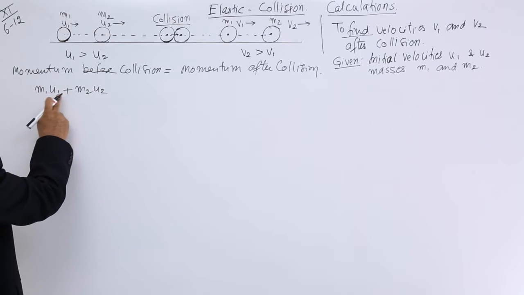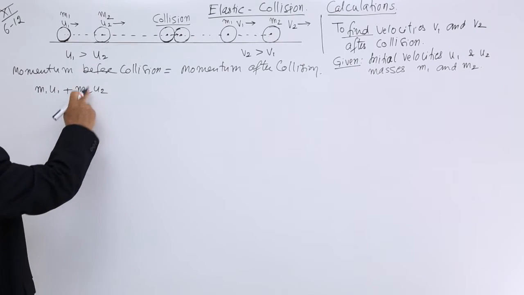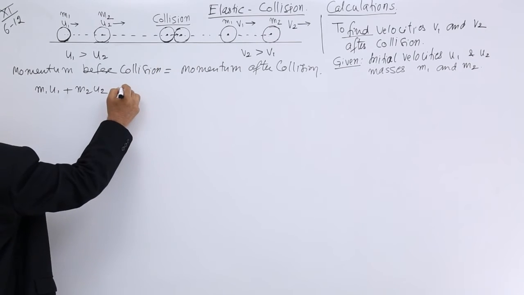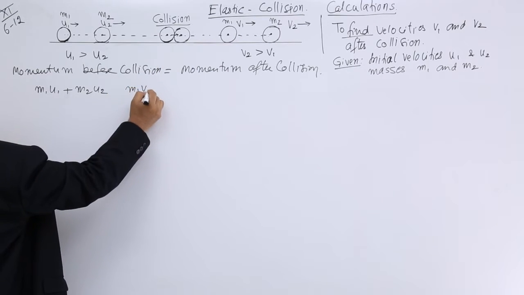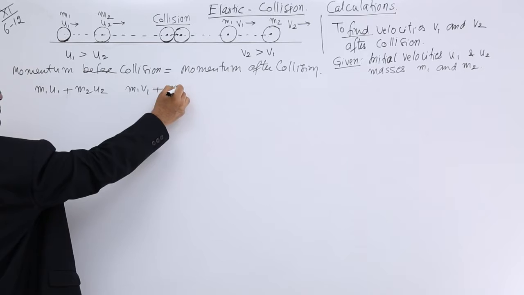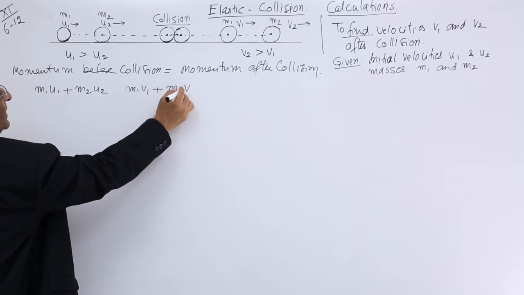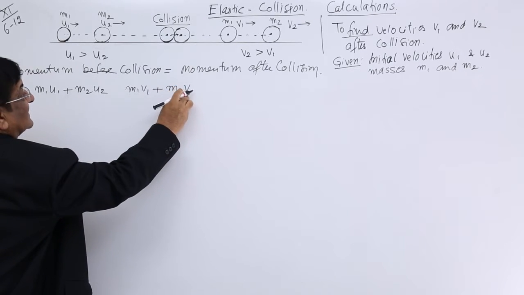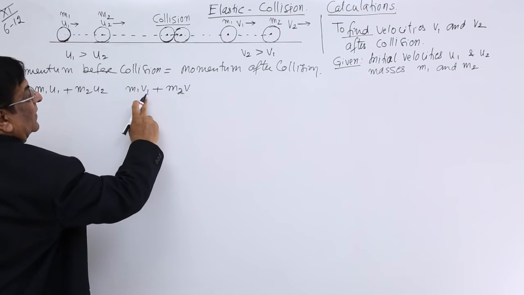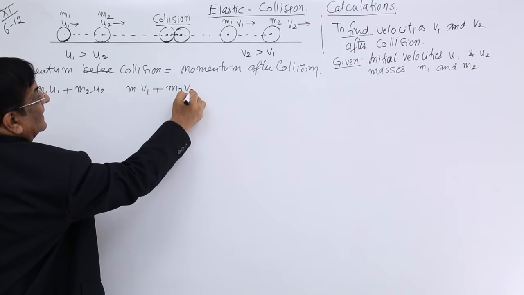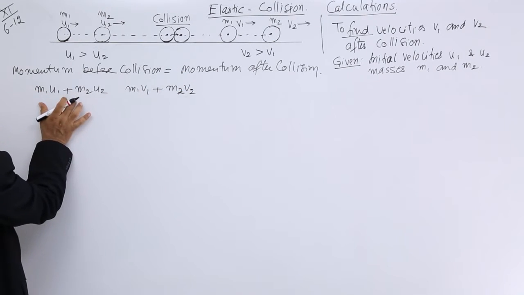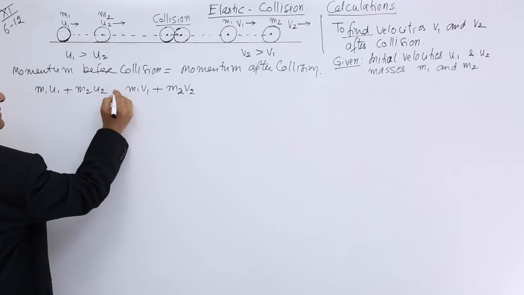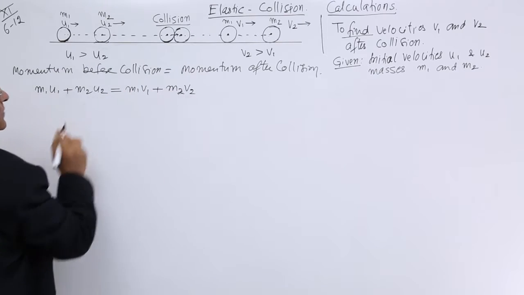This is momentum before collision. And how much is momentum after collision? m1 v1 plus m2 v2, because we have to take momentum of the complete system, not the momentum of one body. And these two momenta, before and after, are equal.